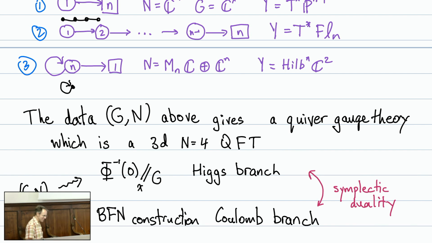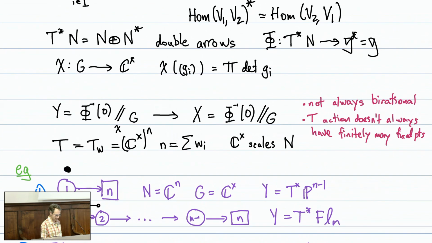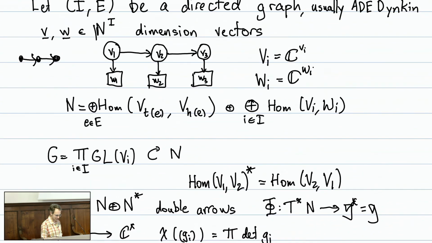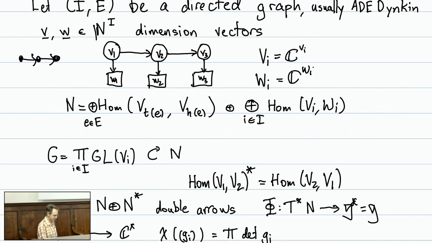Nowadays, people say the following thing. They say that this pair of this G, so G is the group, that product of the GLs, and N is that big vector space. Let me just go back. Okay. Here was G and here was N. N was the whole big vector space of the representations of the quiver, and G is just a product of GLs, and it's acting on N. Okay?